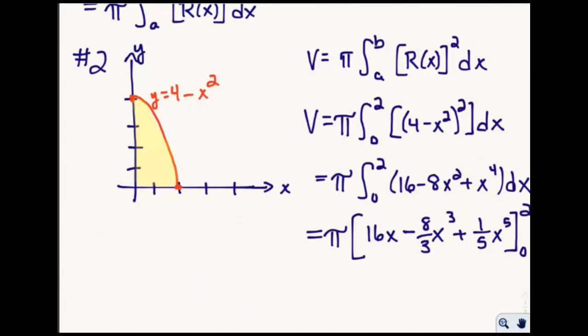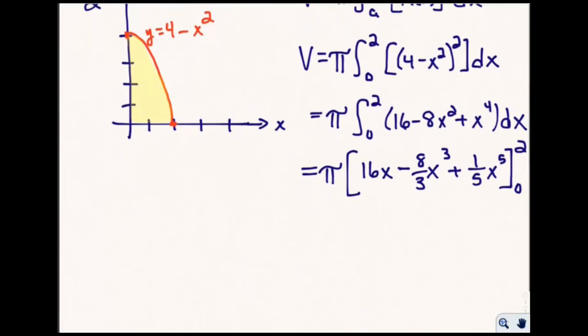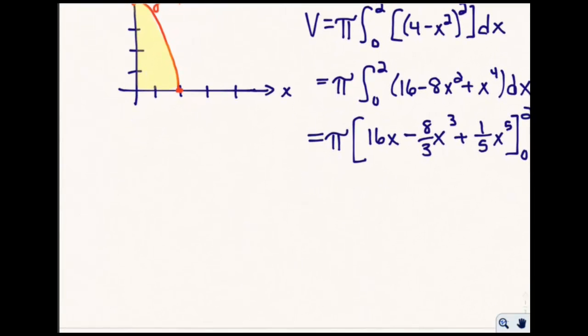So now we evaluate. The nice thing is everything in this expression has an x in it, so we're only going to have to evaluate at 2. So we get pi times 16 times 2 minus 8/3 times 2 to the third plus 1/5 times 2 to the fifth. And we would end up subtracting 0, so we don't have to worry about that part.